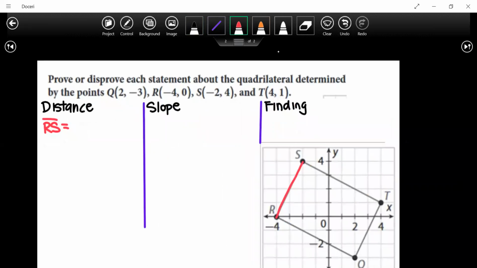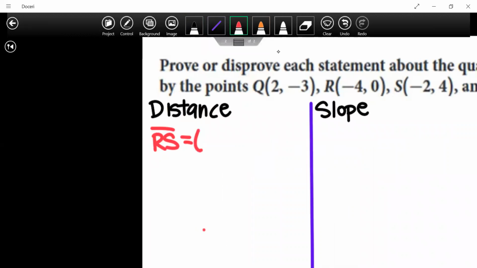To find the distance of RS, what equation do I use? Pythagorean theorem. This tells me I've got to make a triangle out of this. Top one being 2, the bottom one being 4. We plug it into a squared plus b squared equals c squared.